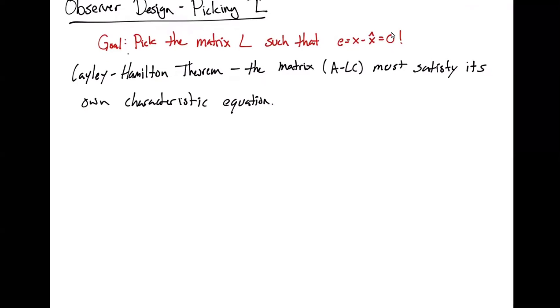So again, the characteristic equation here is, we kind of call it alpha of S is equal to alpha 0 plus alpha 1 S plus alpha 2 S squared all the way out to alpha n S to the n, and that's equal to 0. Okay.